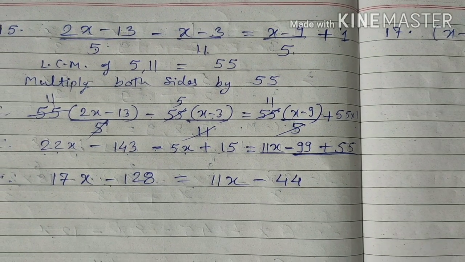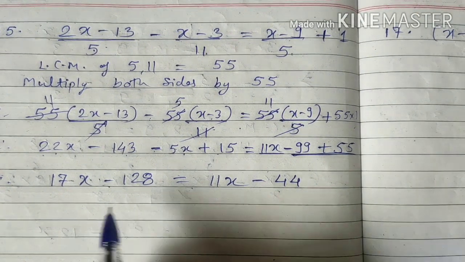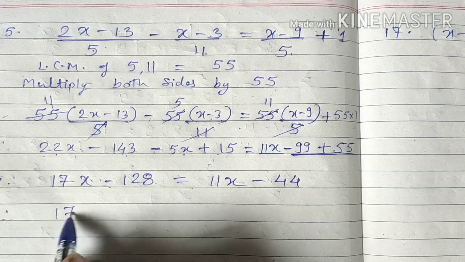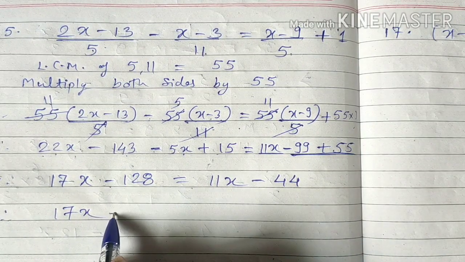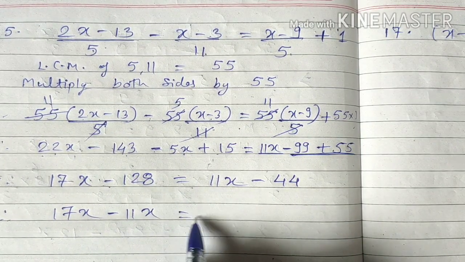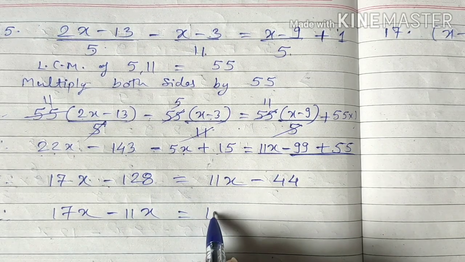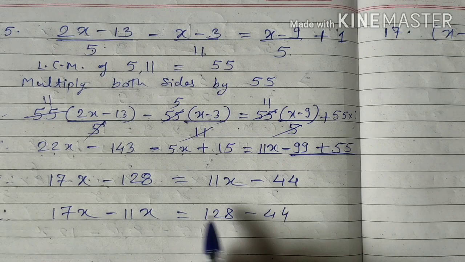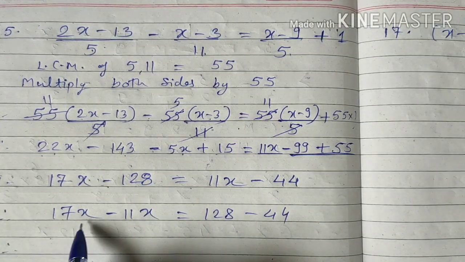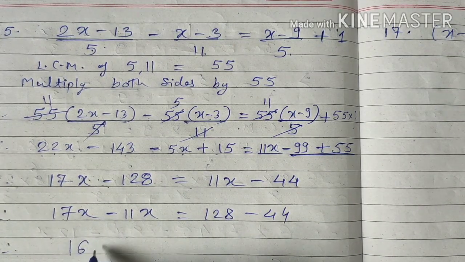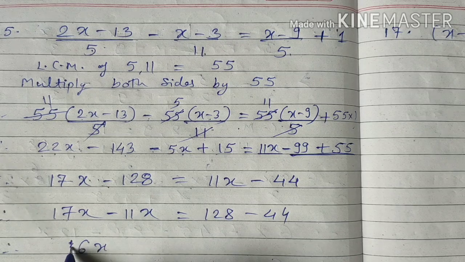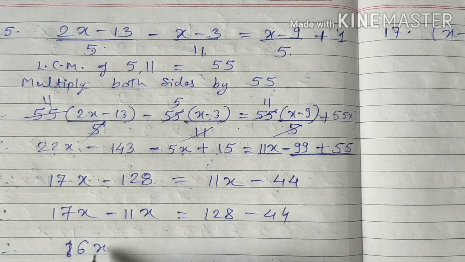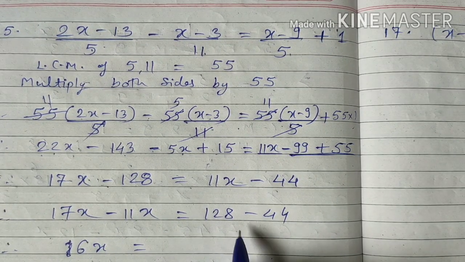Okay. Now shift all the x terms to one side. 17x minus 11x, going that side will become minus. Minus 128 going that side will become plus 44. Got it? So subtraction of these two things will be 6x. Subtraction of these two will give us 6x.